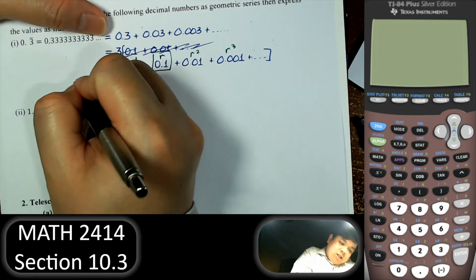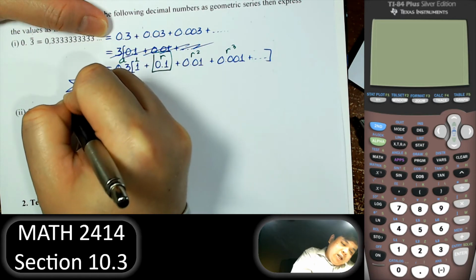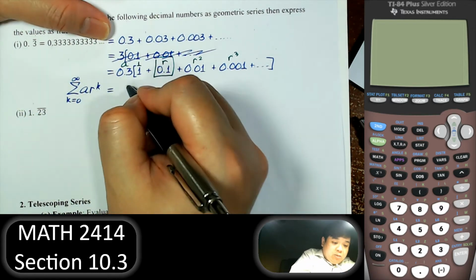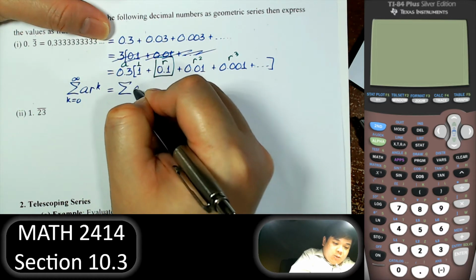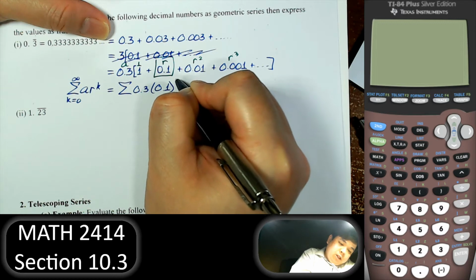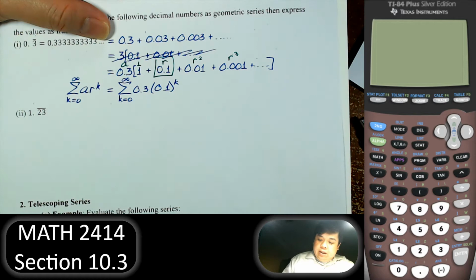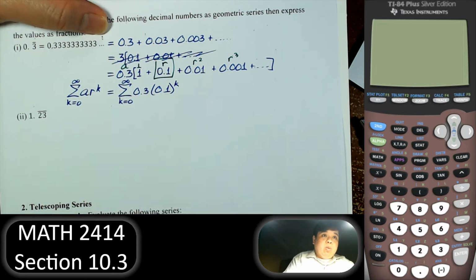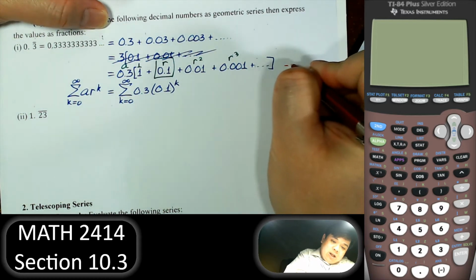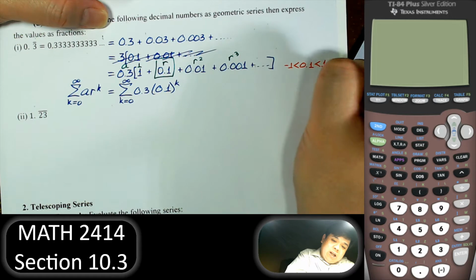So we have the series a r to the k, k equal 0 to infinity. If we put in the numbers, this is going to be 0.3 times 0.1 to the k as k equals 0 to infinity. Now the ratio is between -1 and 1, so that's good. So just say -1, 0.1, which is the ratio, and that checks.